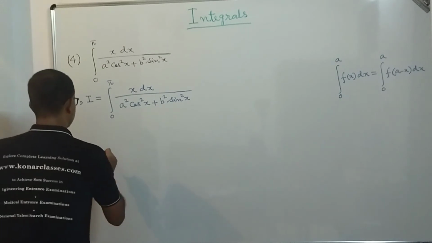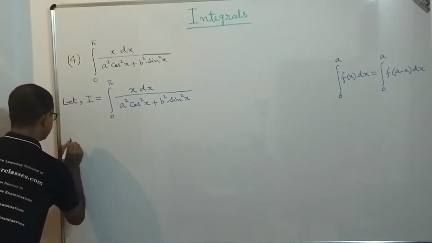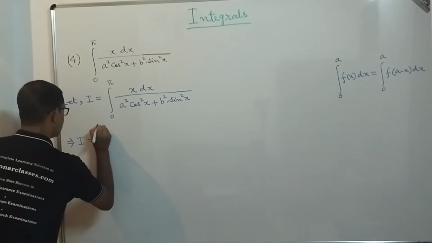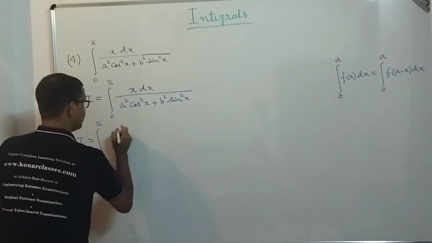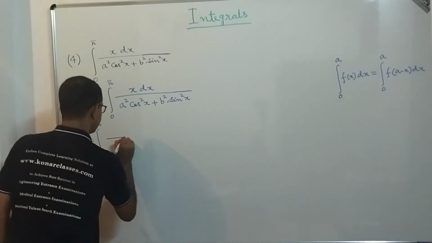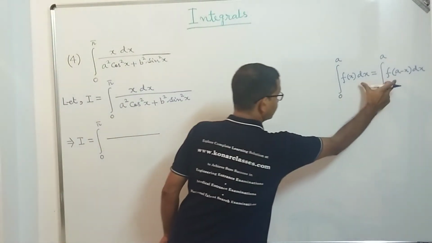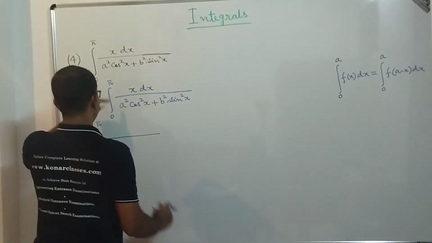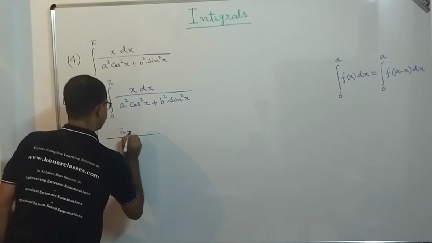So from here we can write I is equal to the integration from 0 to pi. Instead of x, we write pi minus x, applying f of a minus x, where the upper limit is a. Here the upper limit is pi, so x becomes pi minus x.